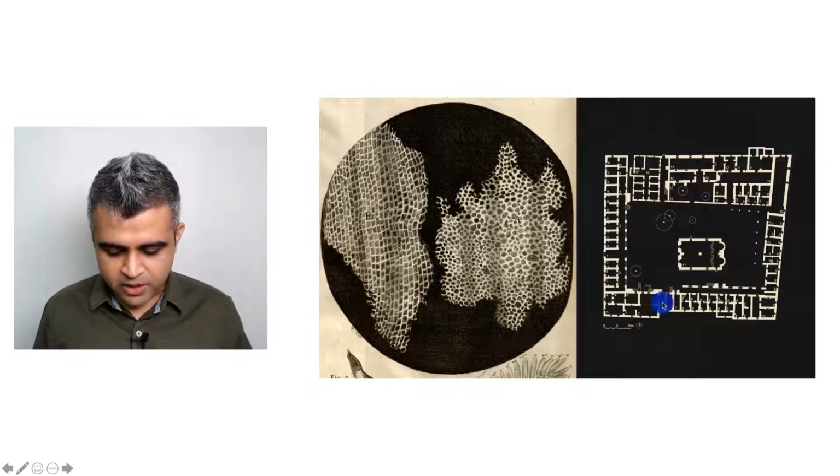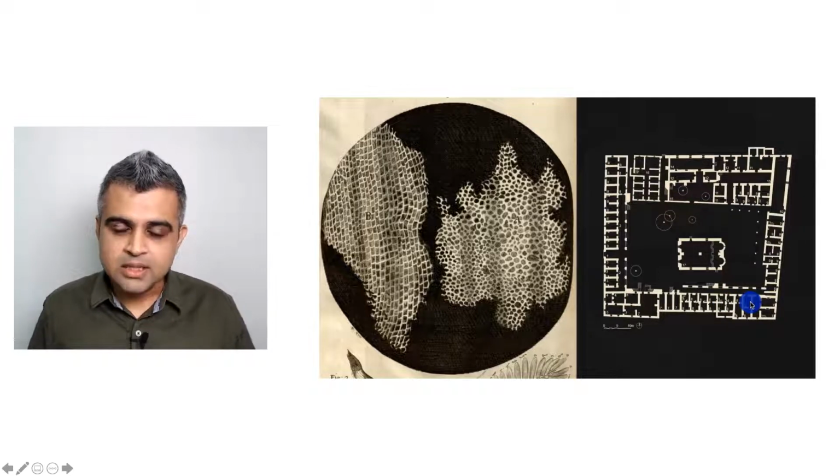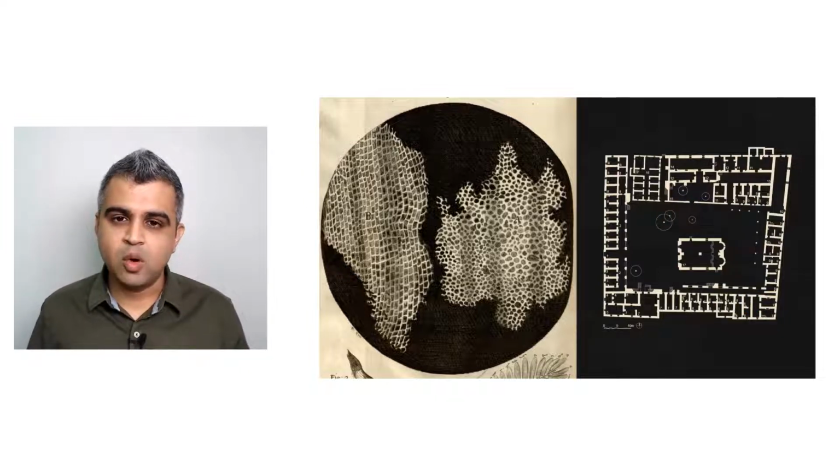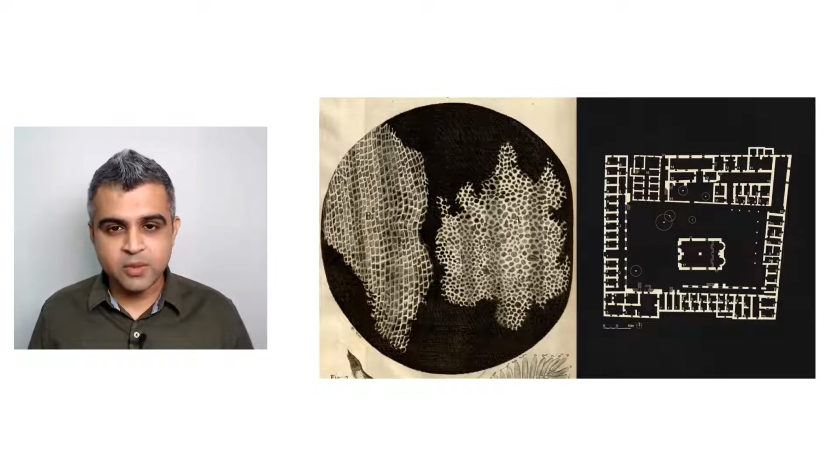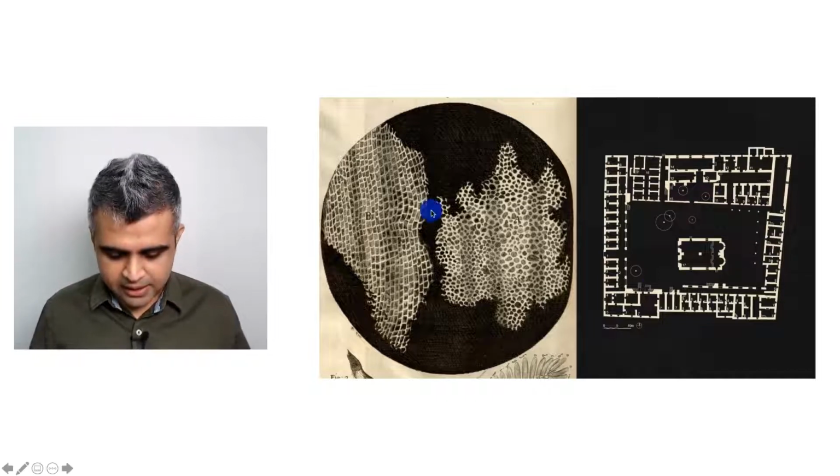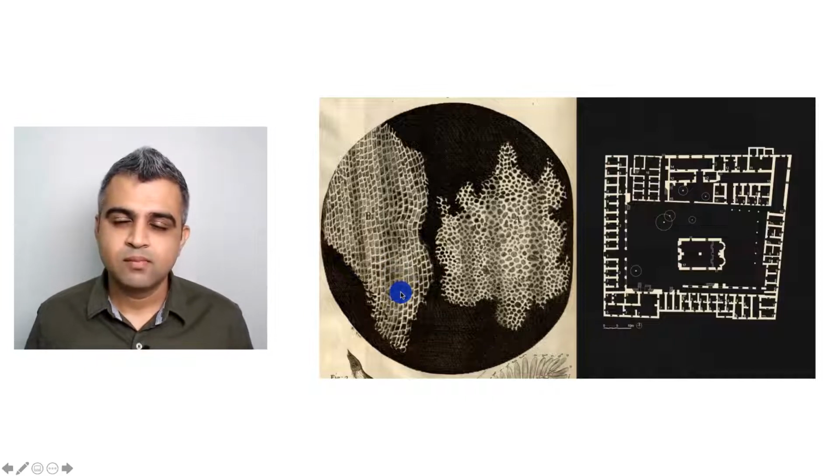These things, by the way, were called cella. These quarters or rooms where these student monks used to live were called cella. And that is why it is widely believed that he gave the term cell to these structures.